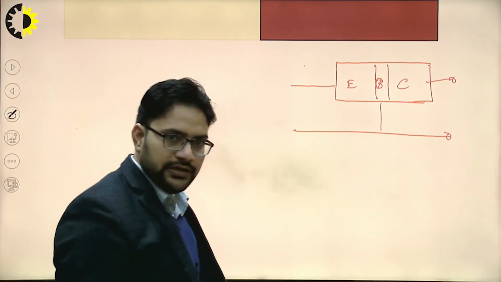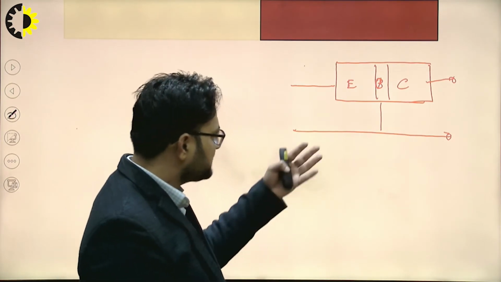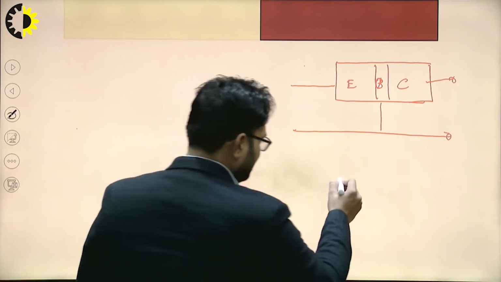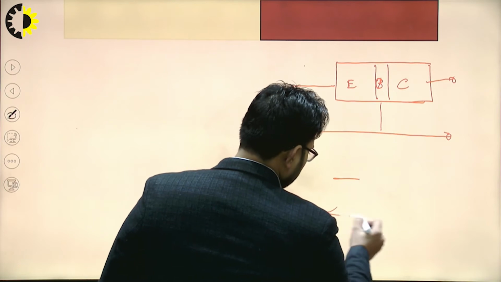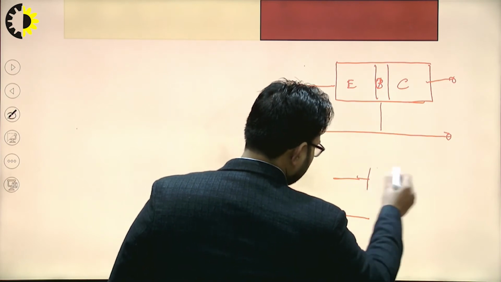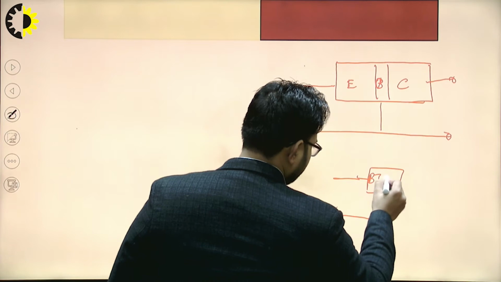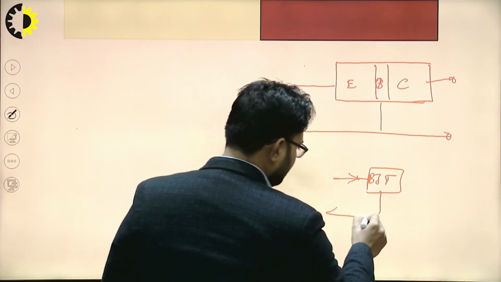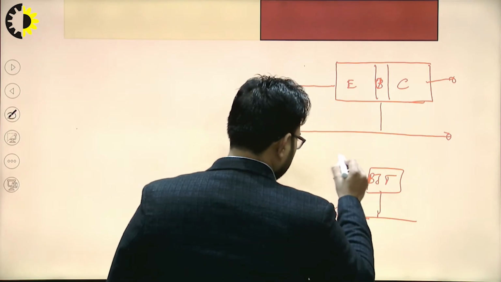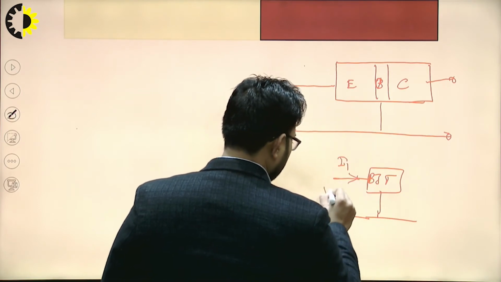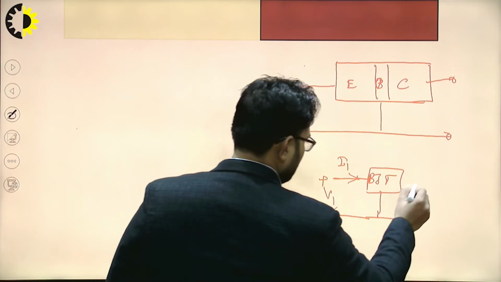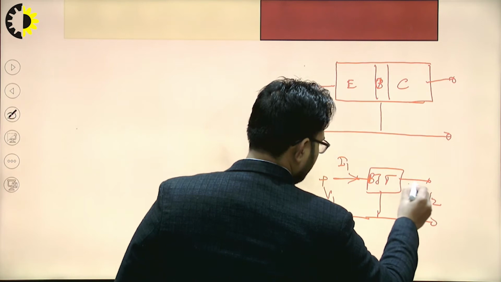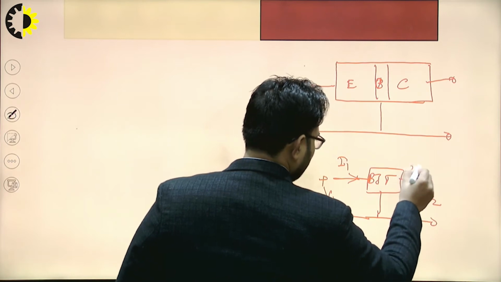If we consider the generalized form that we have discussed, this 2-port device, this is your BJT. It consists of 2 ports, input port and output port. Here we have I1, V1, V2, I2.